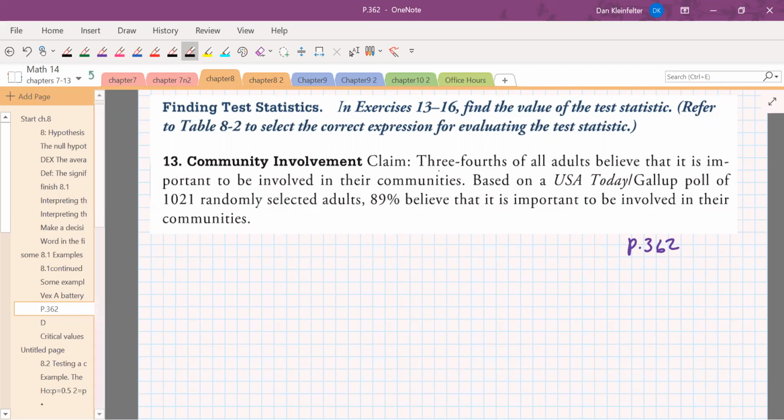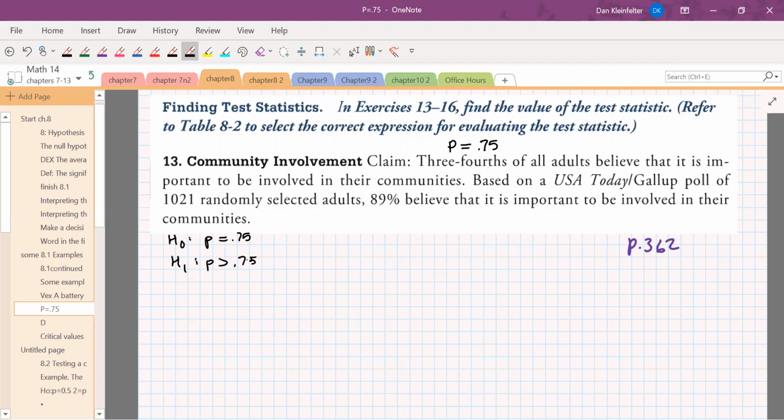The claim is about 3/4 of adults. 3/4 is like 75%, so that sounds like a proportion. So that's going to be our claim. We didn't need to do it for this, but we may as well put down the two hypotheses: p is 0.75, and here in this poll it was 89%, so I'd probably go ahead and put this bigger than 0.75.